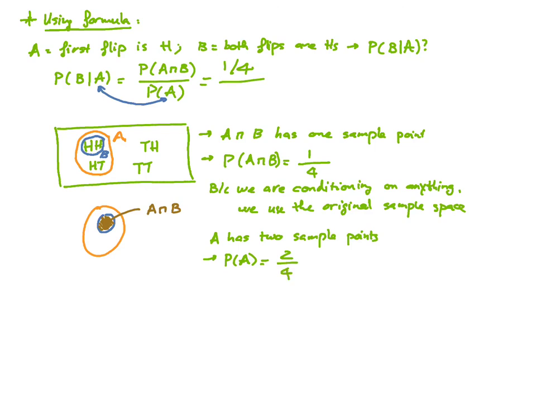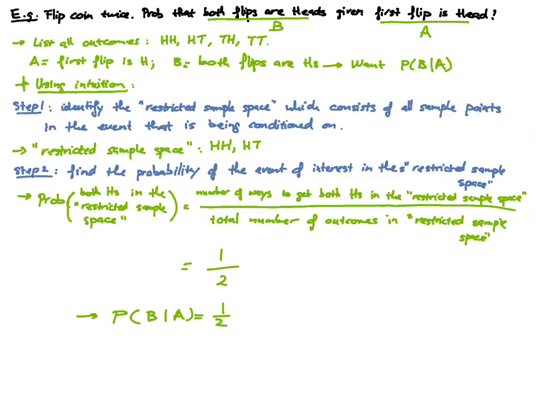Again, we're not conditioning on anything, so we use the original sample space. So the probability is 2/4. If you do the math here, you get 1/2. And that's exactly what we got using the intuition.